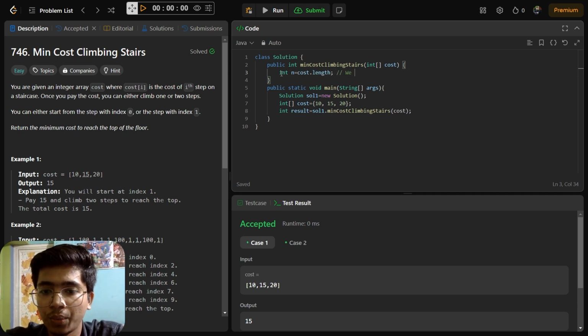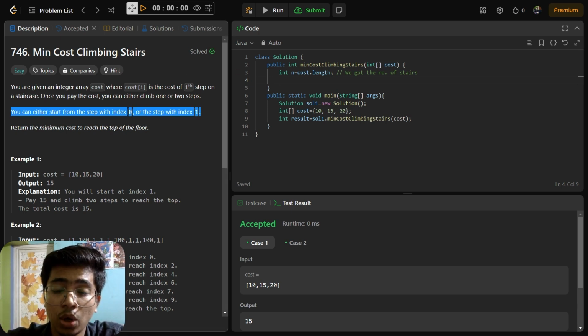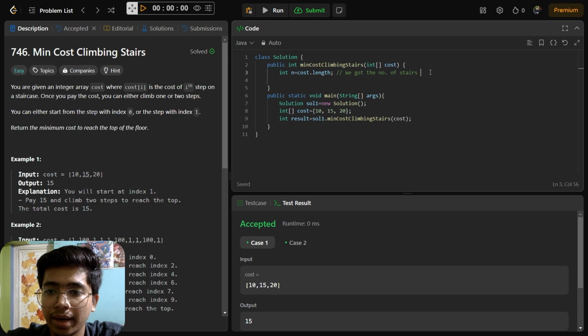So we got the number of stairs. Now we saw the two cases, that from index 0 and from index 1 we can start without paying, because this is stated in the question. You can start either from index 0 or 1 without paying.